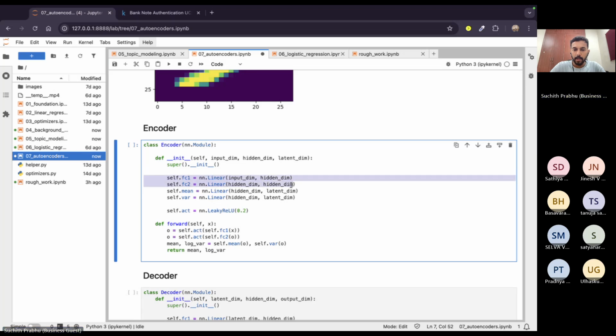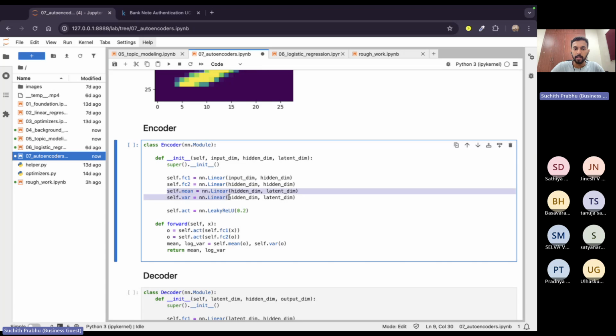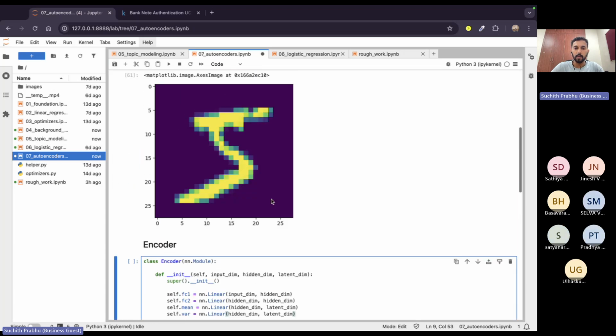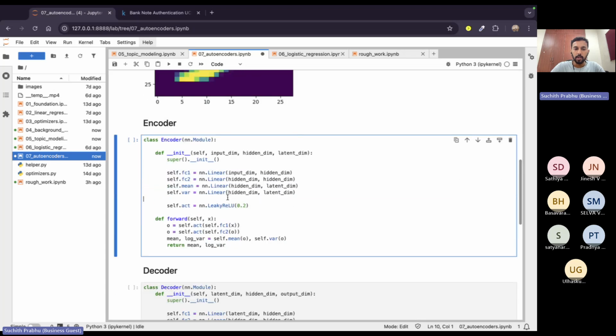The other is that instead of predicting the latent representation, what happens in a variational autoencoder is you try to predict the mean and the variance of the distribution in the latent space.